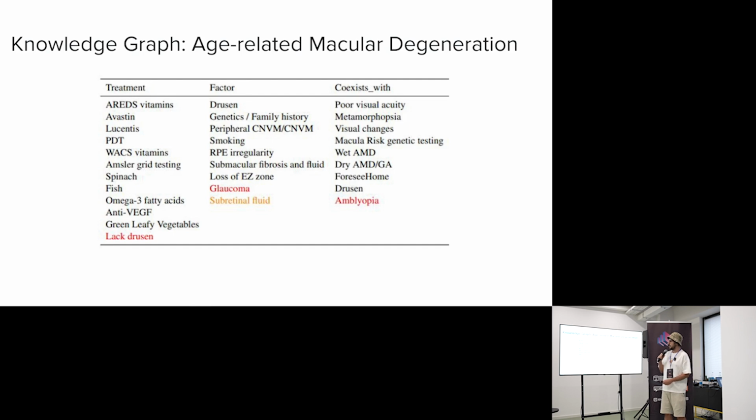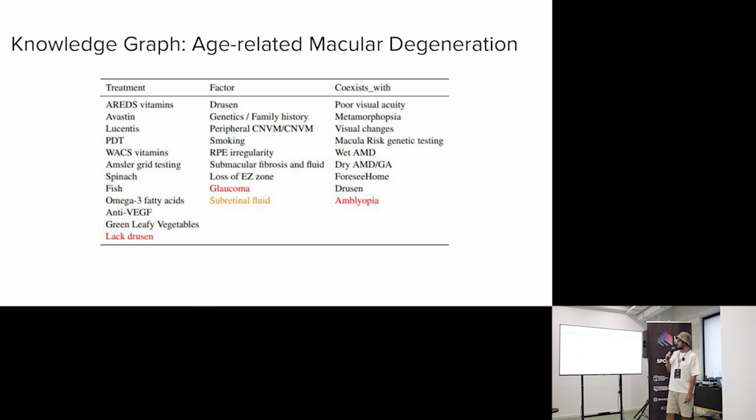Yeah, and actually we also had one very interesting case. In this research we focused on only one disease, which is age-related macular degeneration. In the coexist, we are missing the disease called cataract, which is another eye disease.